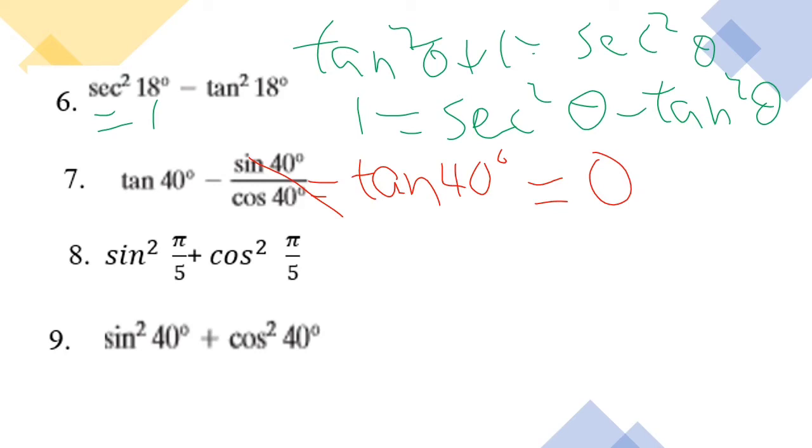Number 8 is already set up exactly like the Pythagorean identity. If I have sine squared of an angle plus cosine squared of the same angle, those two added together will be 1. Same thing for number 9, 1.